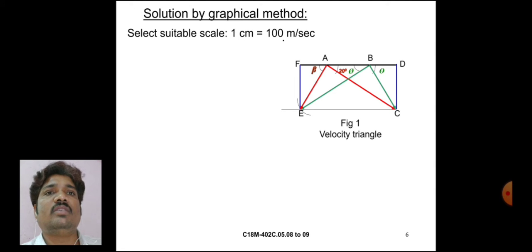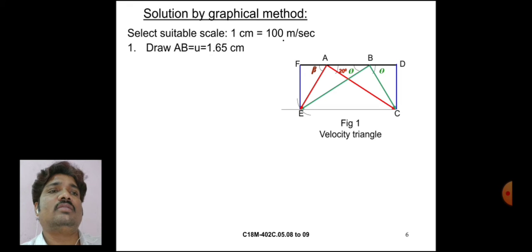Solution by graphical method. Select a suitable scale: 1 centimeter is equal to 100 meters per second. Draw AB. In this velocity triangle figure, draw the line AB equal to 1.65 centimeters.